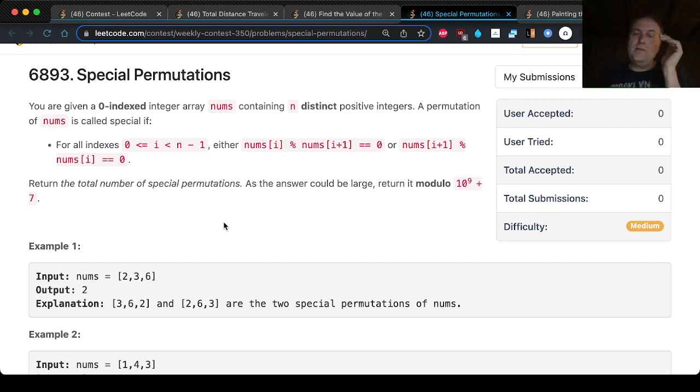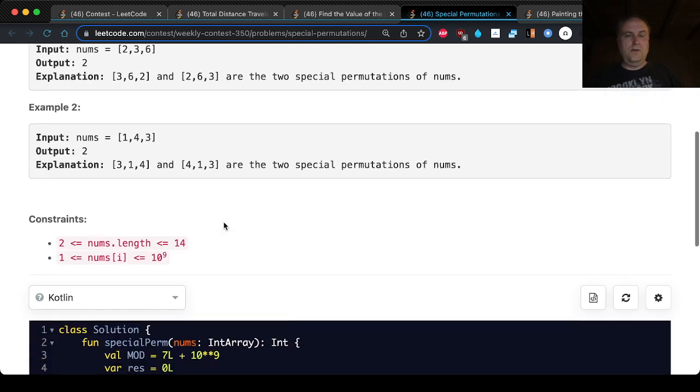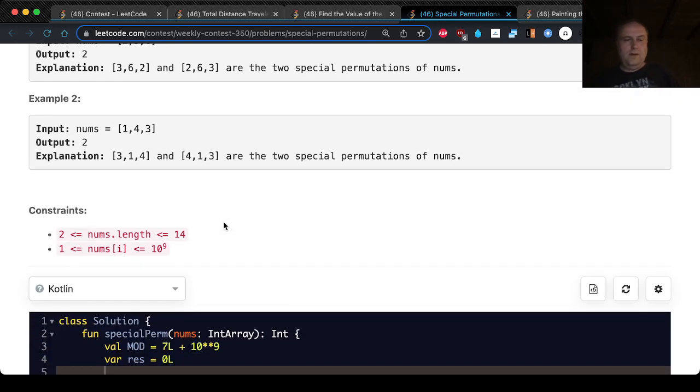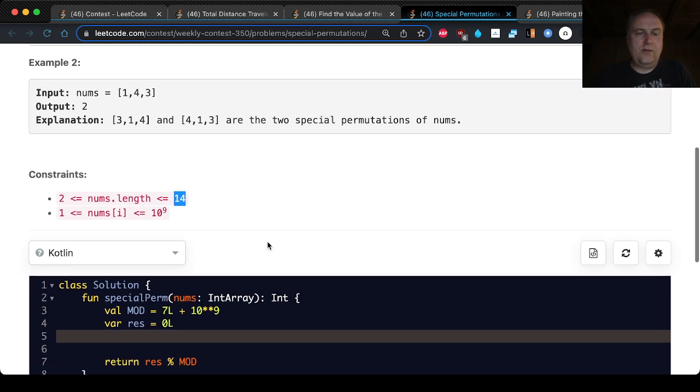So there is a prime number which is 13. There are only 14 numbers. I don't even know why we're doing the mod thing, right?